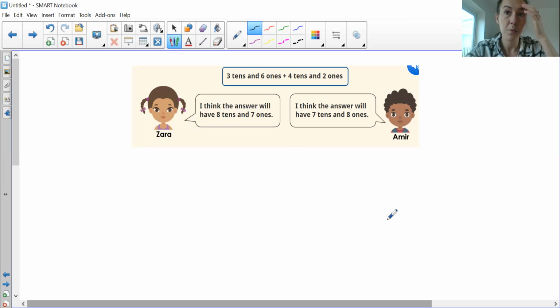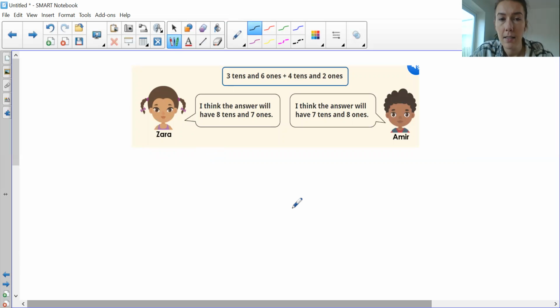So big thumbs up and well done from me for that. Okay, so 3 tens and 6 ones add 4 tens and 2 ones. Zara says, I think the answer will have 8 tens and 7 ones. And Amia is saying, I think the answer will have 7 tens and 8 ones.